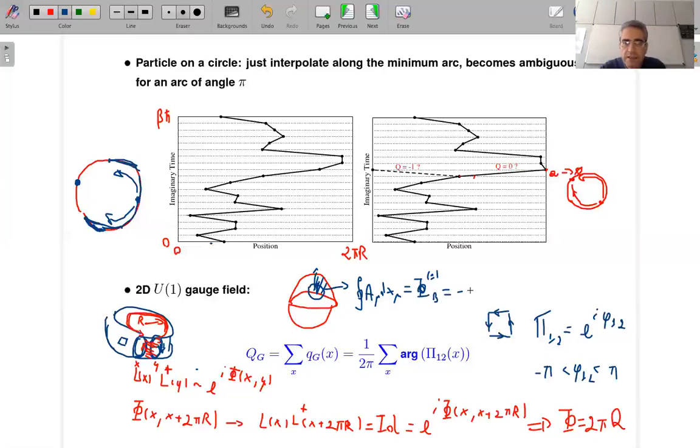But it is also minus the flux going across the complement of the surface. So this is flux 1 and this is flux number 2.